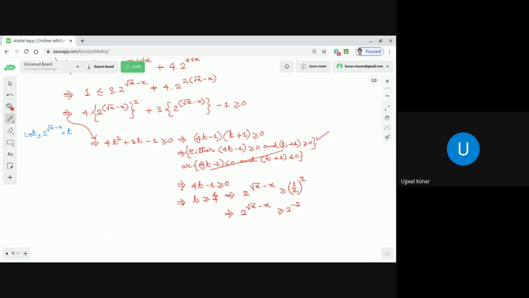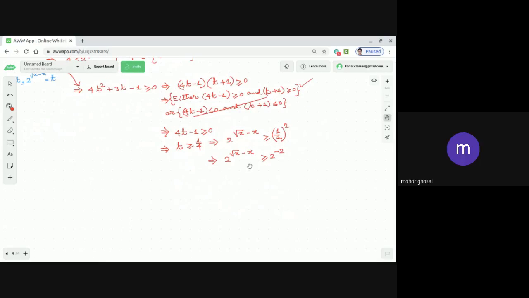Now go back to this one, a by b power x greater than or equal to a by b power y, where a by b is an improper fraction like 2. What we can write? Root x minus x greater than or equal to minus 2, no? Correct, dear students? So this implies root x minus x is greater than or equal to minus 2.